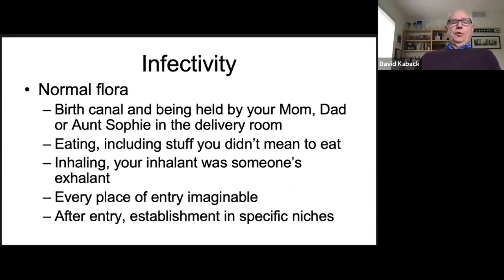This is normal flora. They're virtually everywhere in your body, certainly underneath your arms, in your nares, right over here, you have a bunch. In the creases of your eye, wherever you have a fold in your skin, you're going to have an anaerobic environment that may produce a different class of skin organisms than in the parts of your skin that are completely exposed and aerobic.